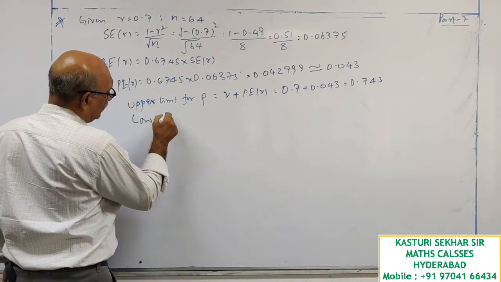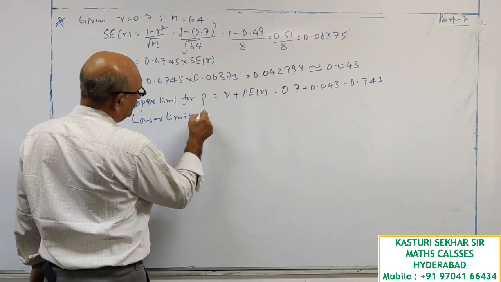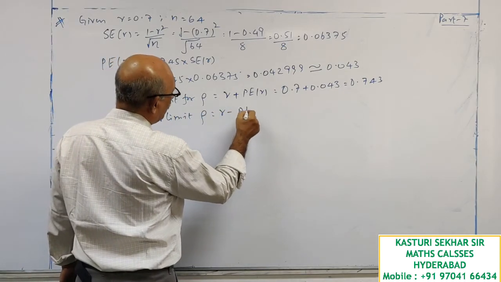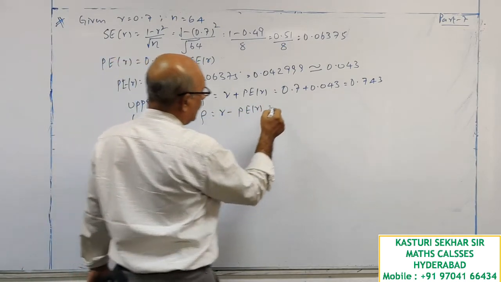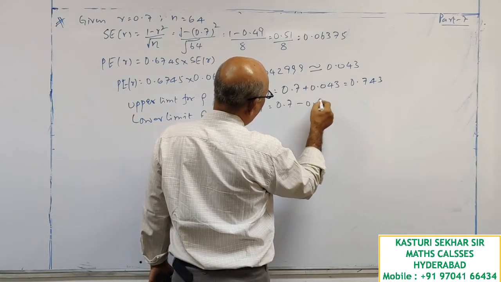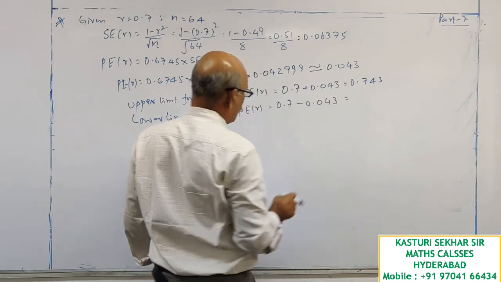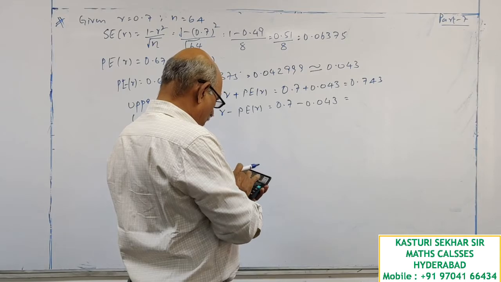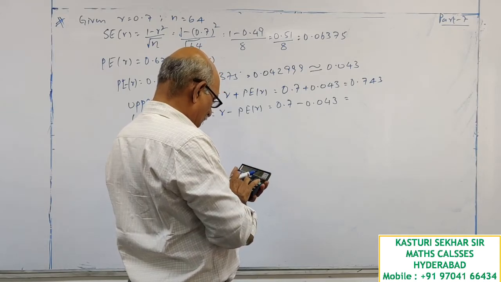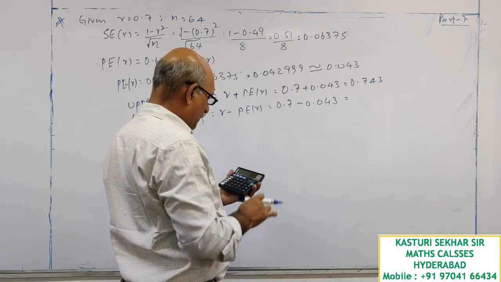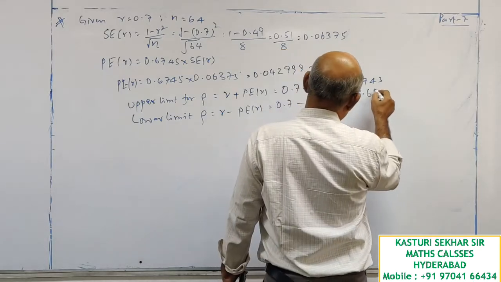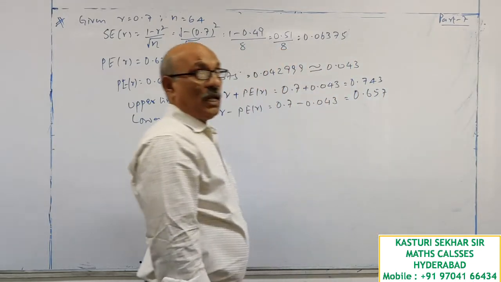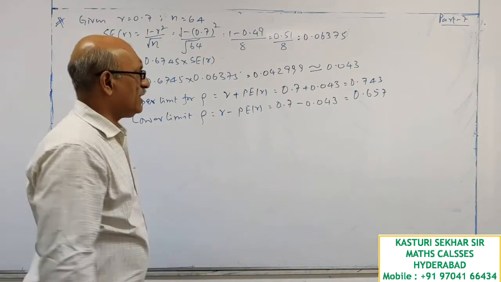Lower limit is r minus probable error of r, 0.7 minus 0.043, 0.657.